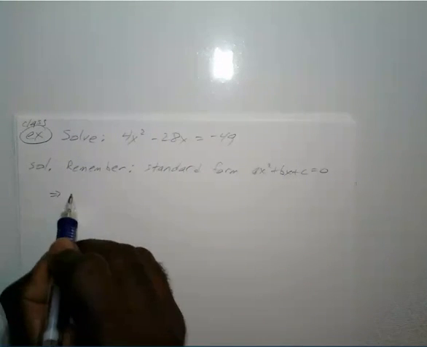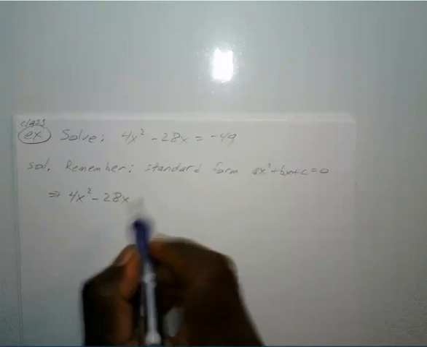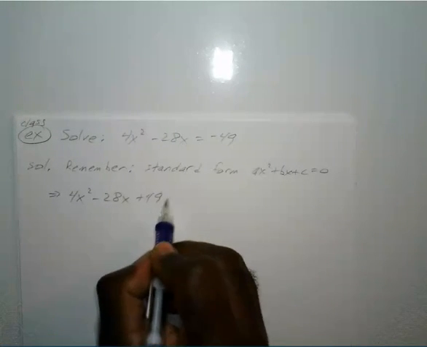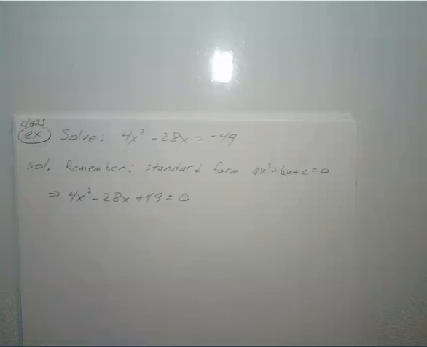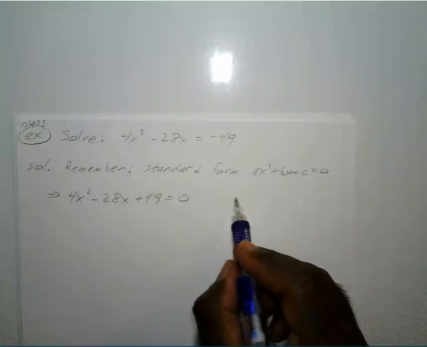So that would give us 4x squared minus 28x plus 49 equals 0. Okay. Now we can do the A times C method if you want, but it will be a lot easier if you did it using perfect square trinomial.